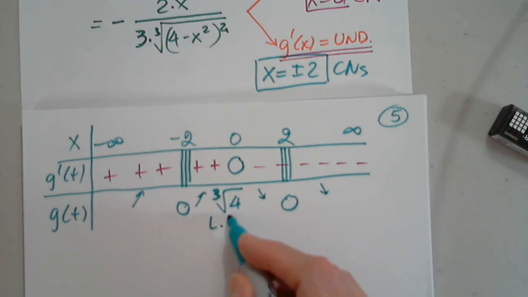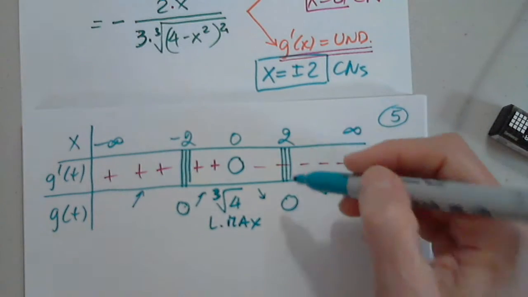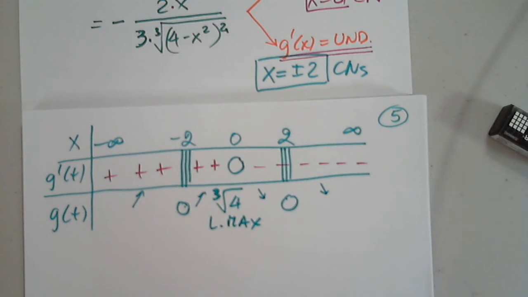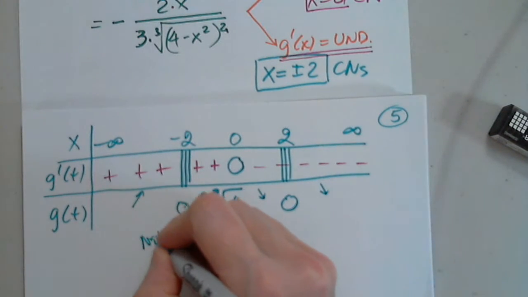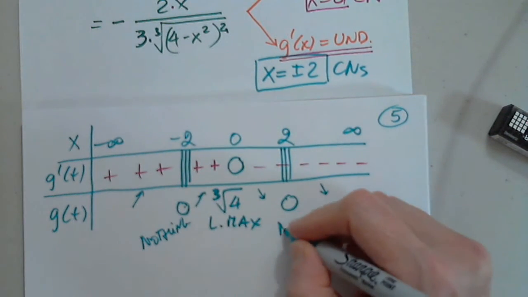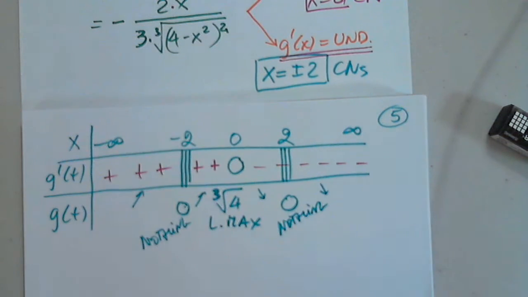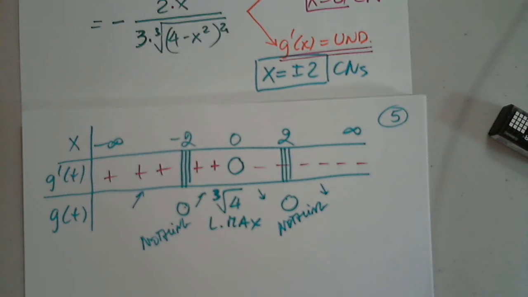Max. Yes, local max. What about 2 comma 0? What type of point is 2 comma 0? None. Nothing. Exactly. There is a critical number there, but it does not turn into a max or min.